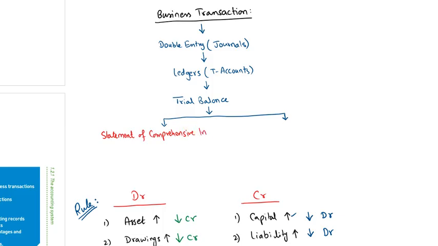Statement of comprehensive income is also called trading profit and loss account, or in simple words, income statement. So here is the alternative name: income statement.